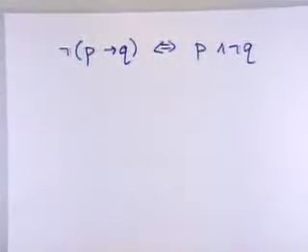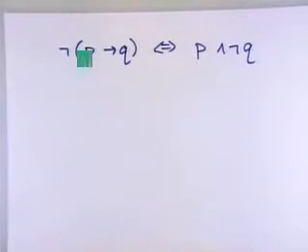Okay, so let's go back to proof by contradiction. If you remember at the beginning of class, we talked about the implication rule. And we said the negation of P implies Q was logically equivalent to P and not Q, right? Because P implies Q was false whenever P was true and Q was false.